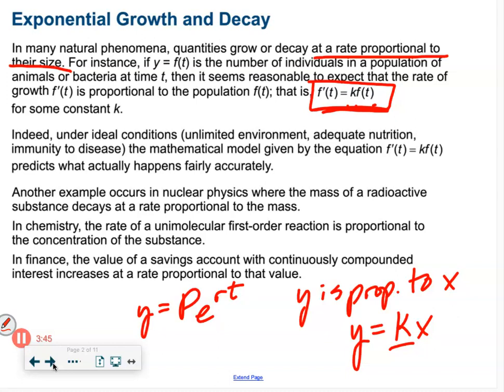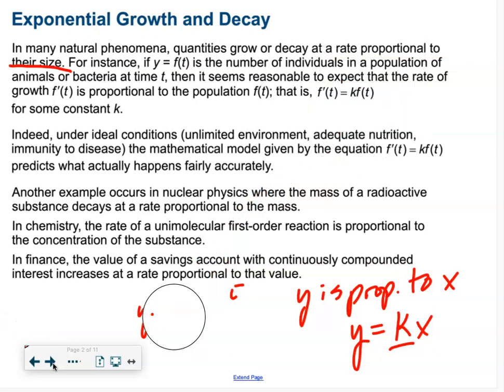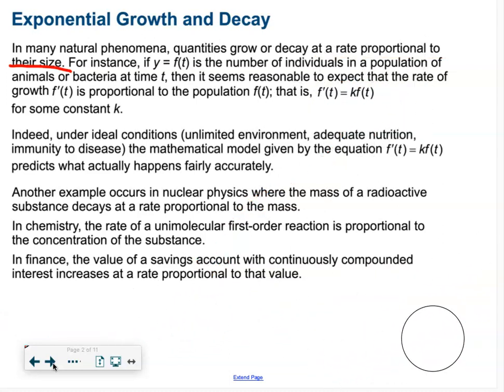But just so you know, if you solve this differential equation, when you learn how to solve it, you end up with that. Pert is derived from this concept, knowing that a rate of change is proportional to the amount present. So that's the background that leads into what we're doing.